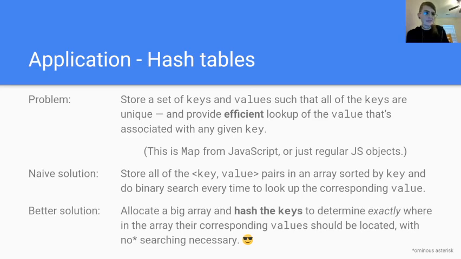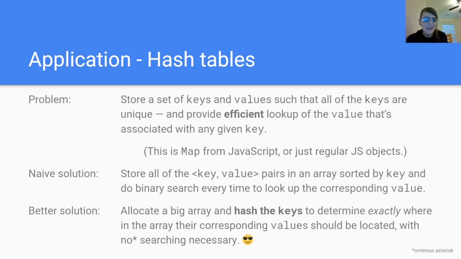So given a key, let's efficiently find the value associated with it in the table. And this is, of course, just Map from JavaScript, or in fact regular JS objects. JavaScript objects are hash maps too. The property name is the key and the property value is the value. And it provides constant time lookup of the value given a key.